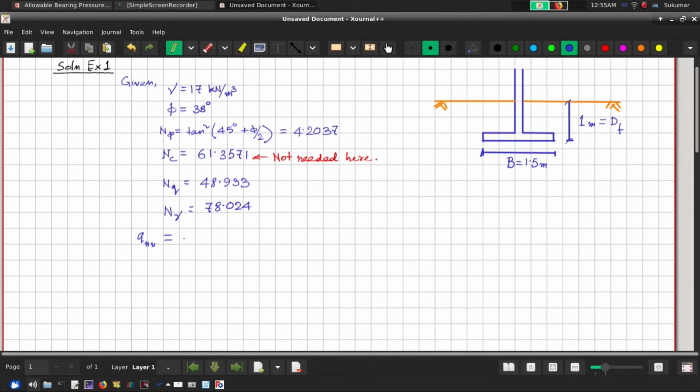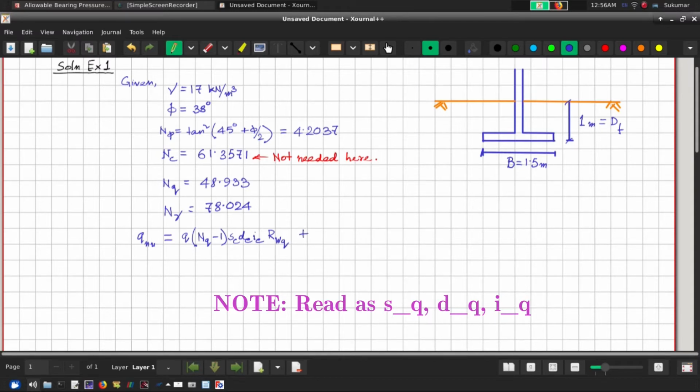So that term will not come because c is 0. Then q into (Nq minus 1) into sq dq iq into Rwq, the water table correction factor, plus half gamma B N gamma into s gamma i gamma d gamma into Rw gamma.